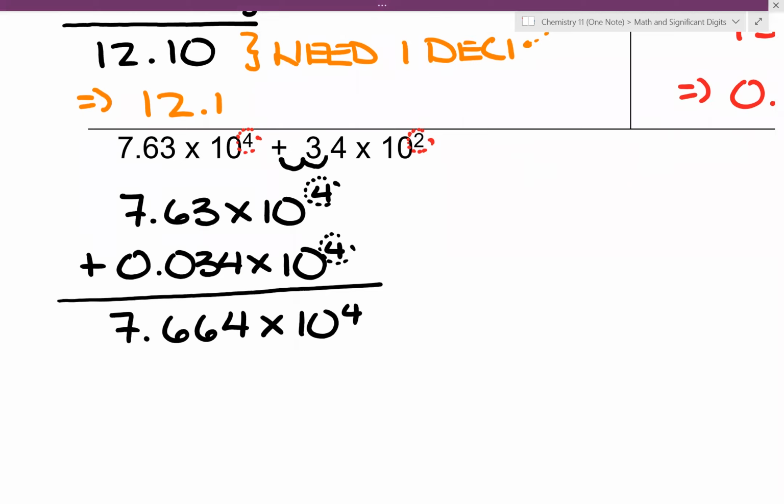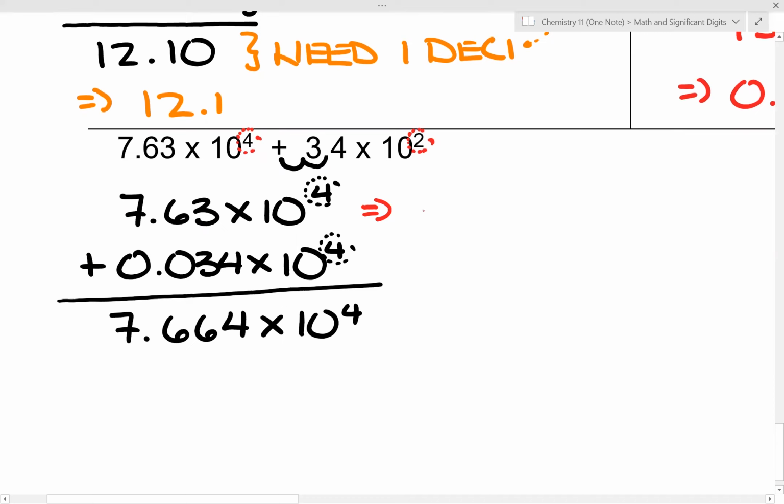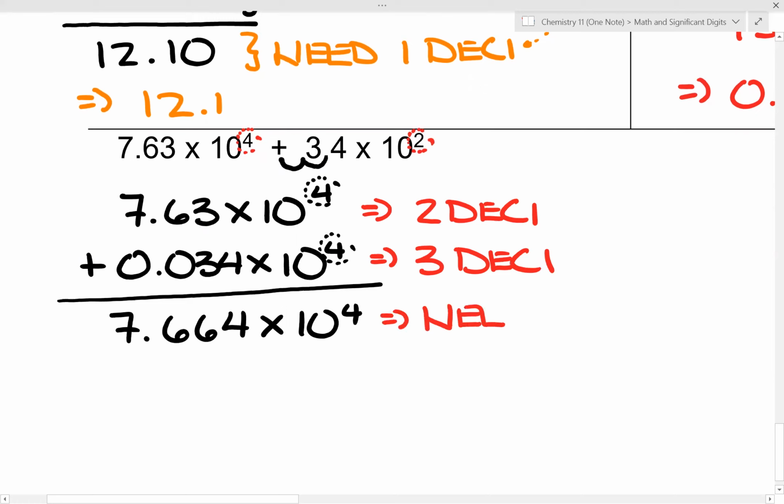Now we take a look. Our first number had 2 decimals. Our second number had 3 decimals. So our final answer needs 2 decimals, because what you want to do is match it up here.